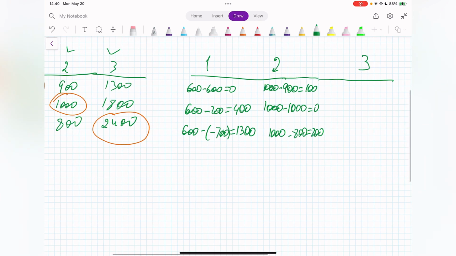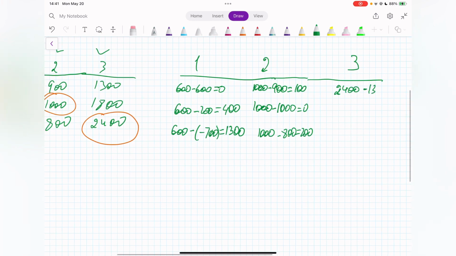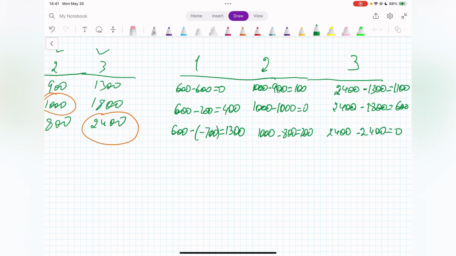So 2,400 minus 1,300 is 1,100, 2,400 minus 1,800 is 600, and 2,400 minus 2,400 is 0.